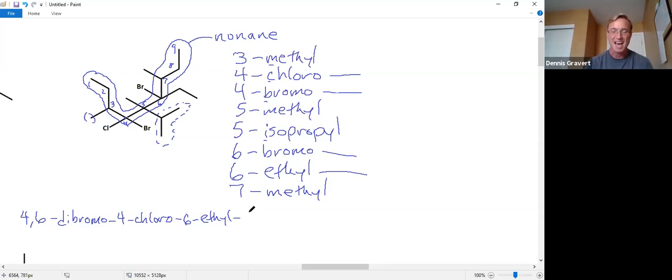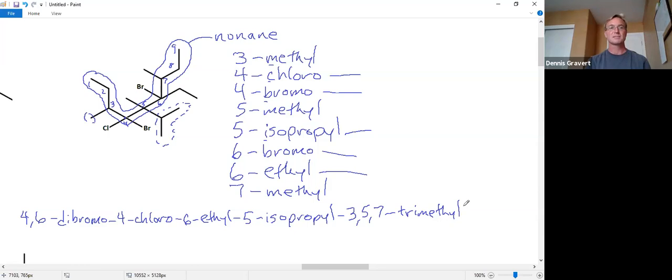Stick in the 5. Where's that isopropyl group off of carbon 5? And then all I have left, yes, are 3 methyls. They are found on carbons 3, 5, and 7. And there are 3 of them, so throw in the trimethyl.